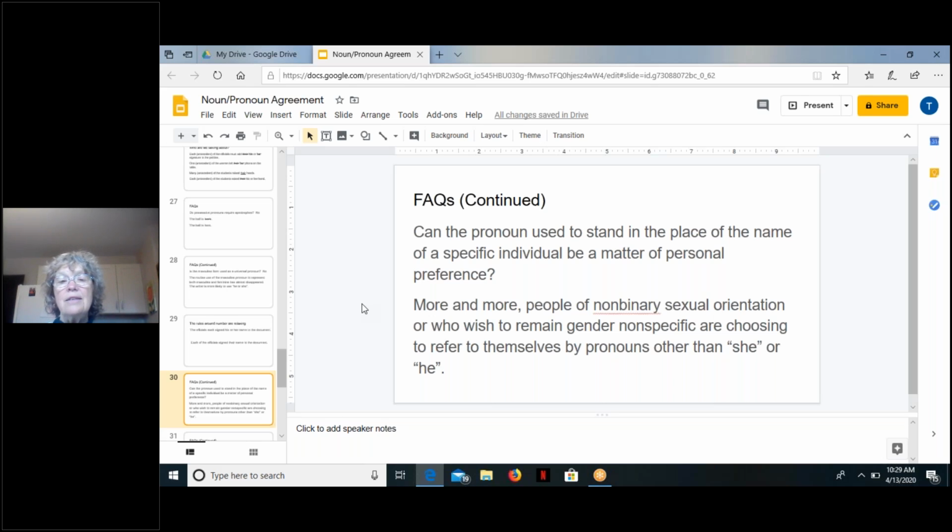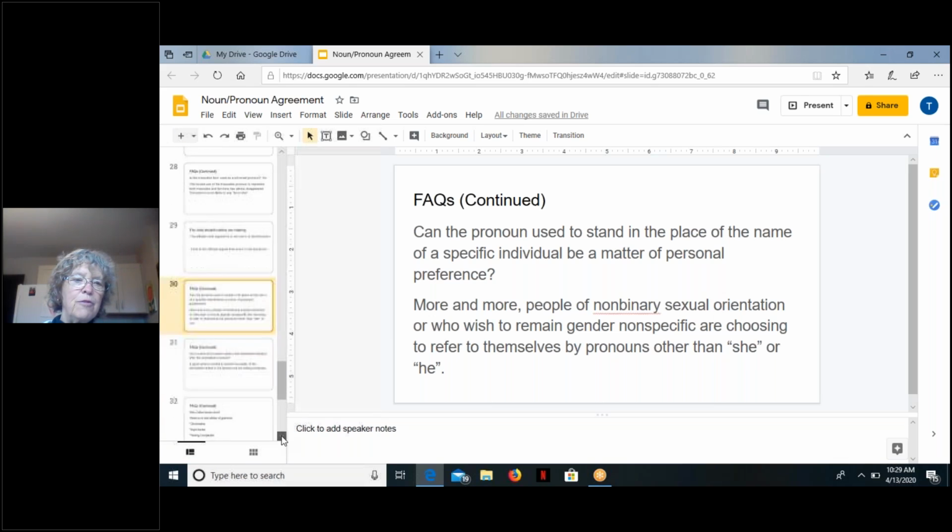People make that request of their fellows, and we follow that request just because it was a request made sincerely. So we see that more and more as our language becomes kind of less defined and more fluid.